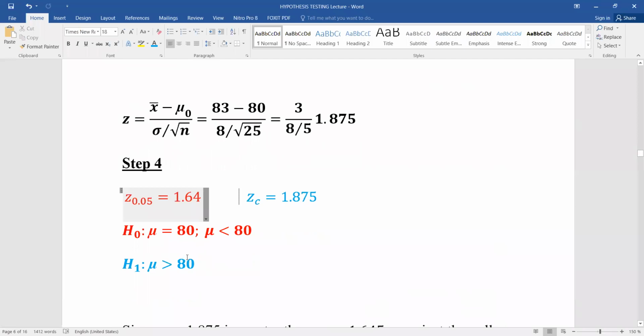Because these two move in opposite direction, then alternative: mu is greater than 80.